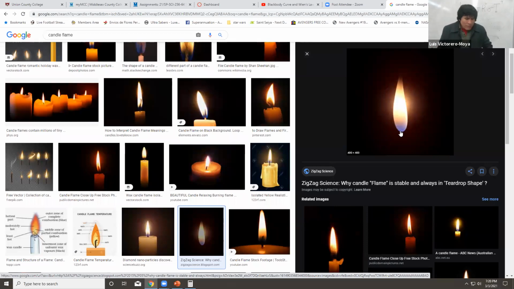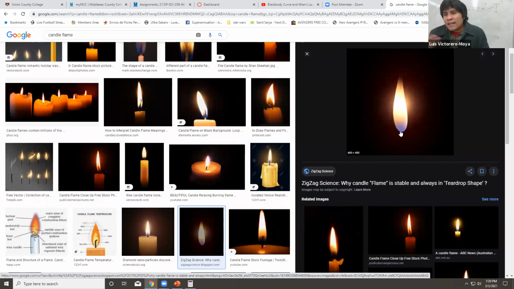Proxima Centauri. What is Proxima Centauri, by the way? I said that on the first day of class. What is Proxima Centauri? Okay, Proxima Centauri, guys, is the closest star to our solar system.